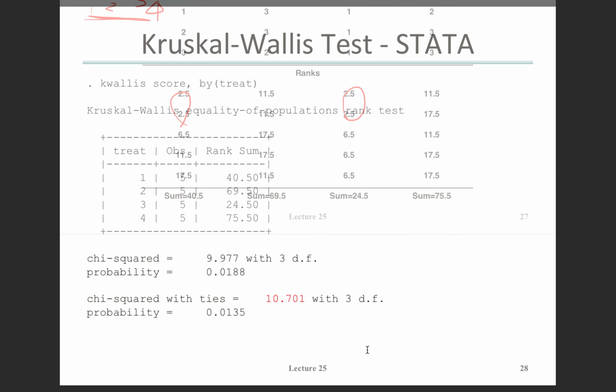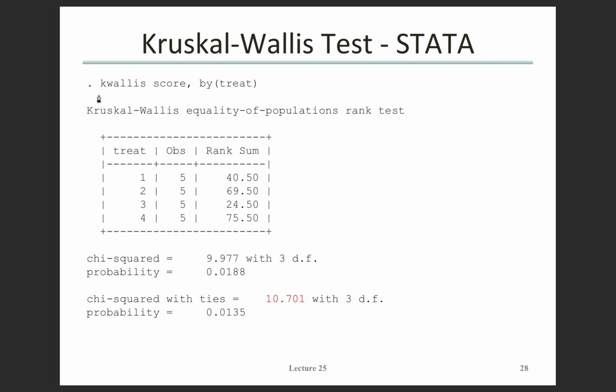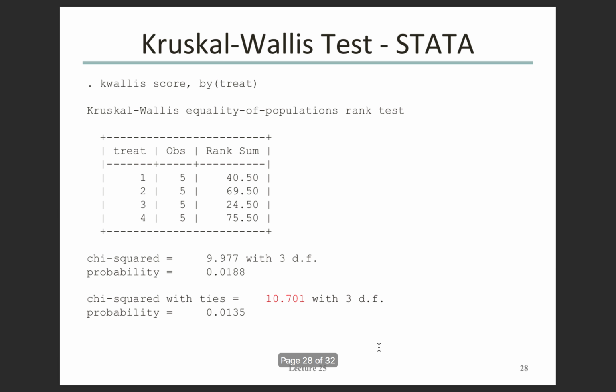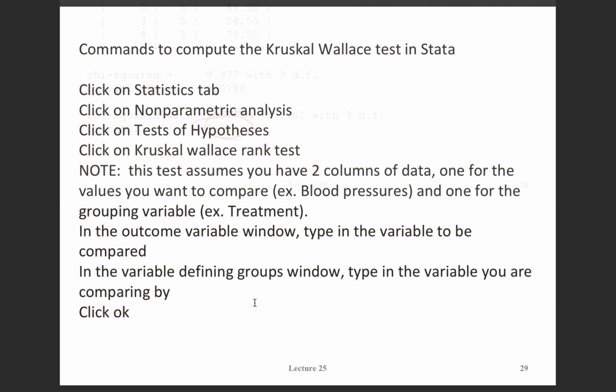You would expect all of these to be kind of equal, but it's okay. You just do this. This is the command you're going to use, and this is the p-value you're going to find. Chi-square, no, this is the test statistic. This is the p-value you're going to find. So you reject it, and this is the click.